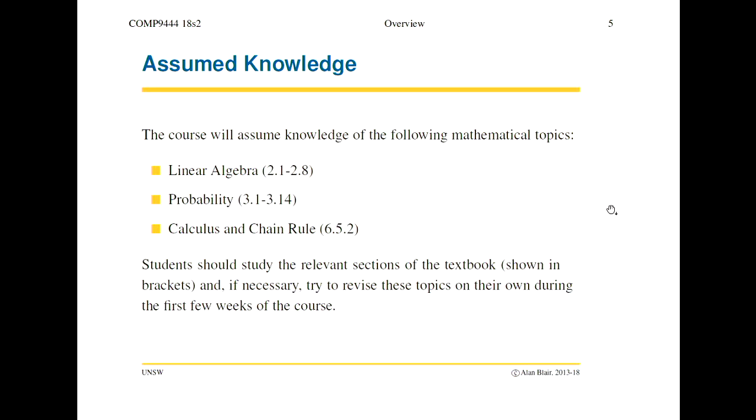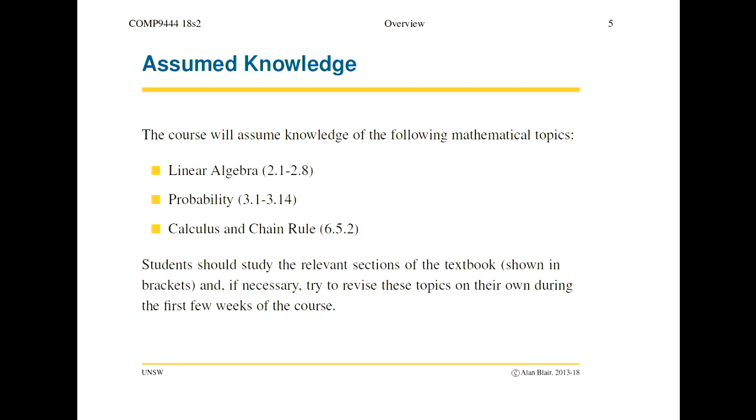Now, some preliminaries for this course. There are some mathematical things that you really need to understand in order to learn this deep learning material. So there's linear algebra, probability theory, and calculus and the chain rule. Some of you may have taken, all of you should have done some linear algebra before, perhaps in Math 1A and Math 1B.